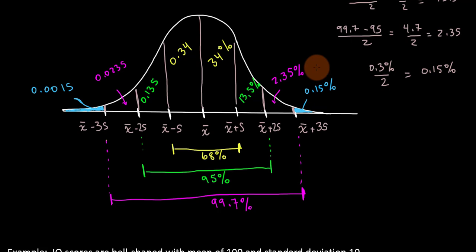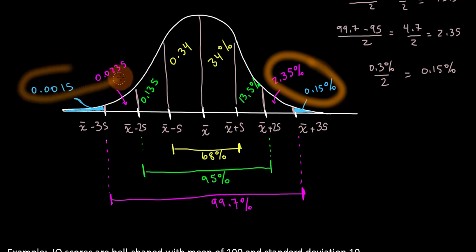You could add the percentages from these far tails here, because that would be the region corresponding to IQ scores above 120, and this region down here would be the region below IQ scores of 80. And certainly here we have 2.5%, and over here is another 2.5%, which totals to 5%.